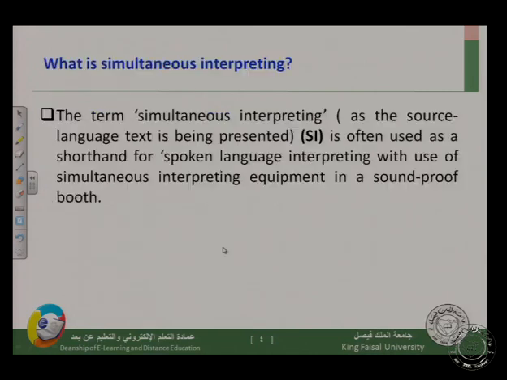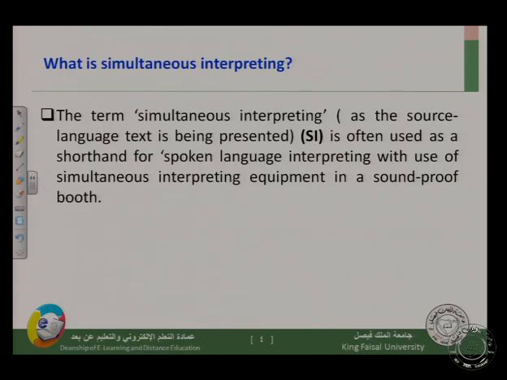But let's take it bit by bit and ask what the term simultaneous interpreting means. You interpret the source language text as it is delivered. Simultaneous interpreting is used as a shorthand for spoken language interpreting, SI.